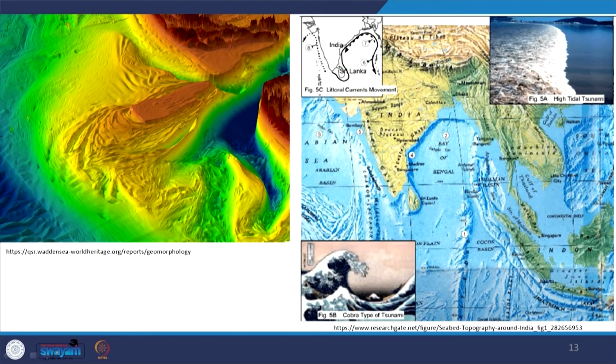So, if you see here, we have the Indian coasts, and if you compare the coastal regions of the west and the east, this is a digital elevation model and this is an artistic diagram. You see there is a sudden change in topography here, but there is a gradual change and then a sudden change.